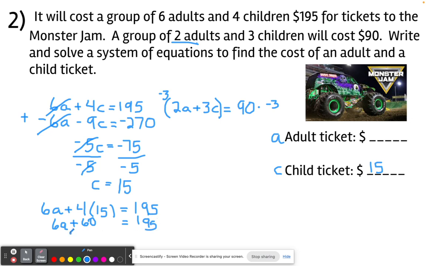Let's subtract 60 from both sides. Then I'm going to move over a little bit to give myself a little more working space. So I have 6 adult tickets will equal 135.